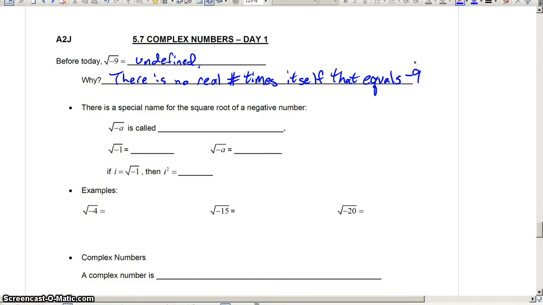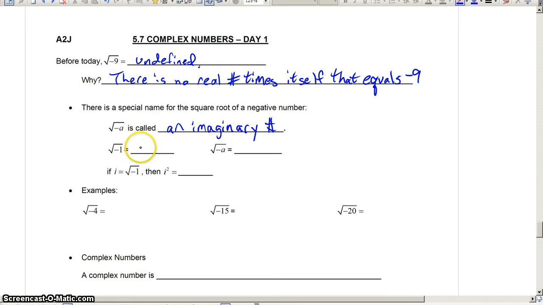We're going to actually say that you could come up with a solution, but we're going to work with imaginary numbers. The square root of -a is called an imaginary number. As soon as you see a negative inside of a square root, we're going to represent that in a very special way. Here's how.